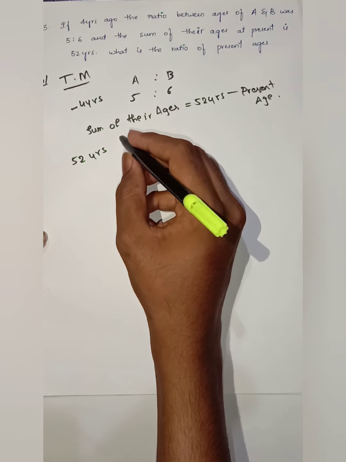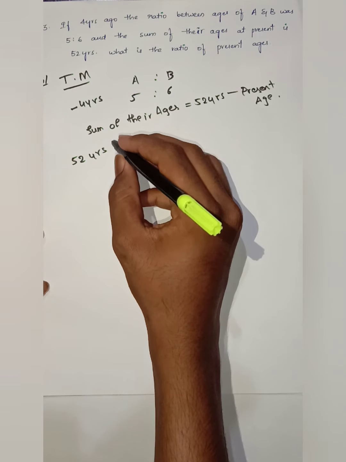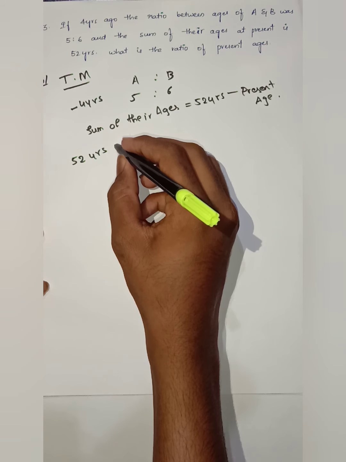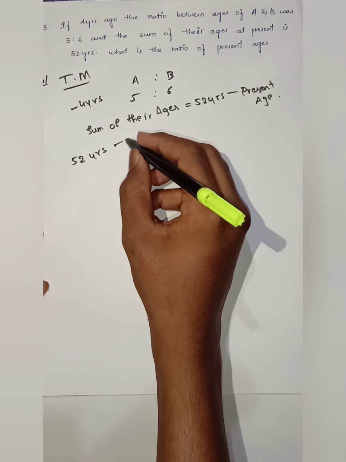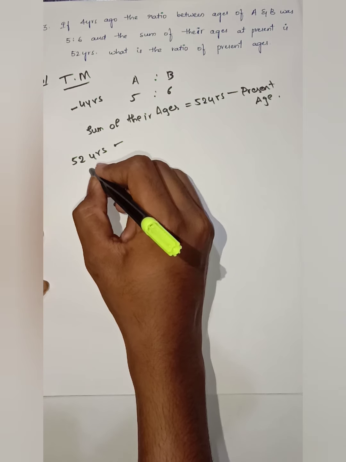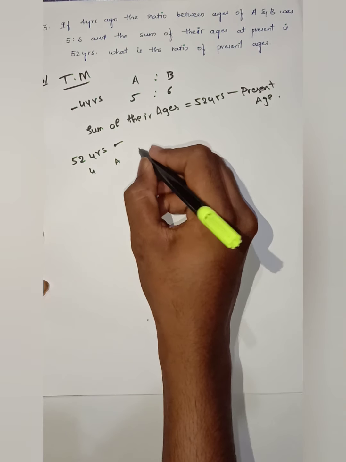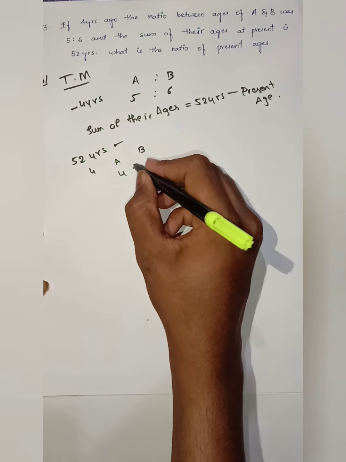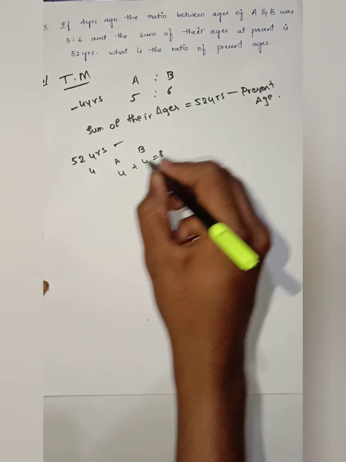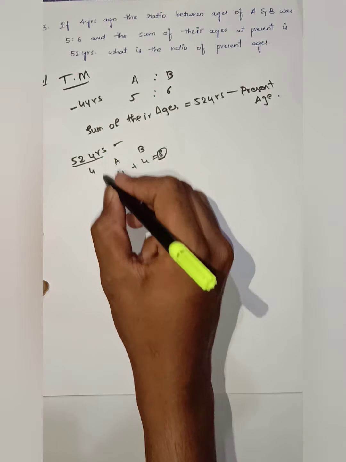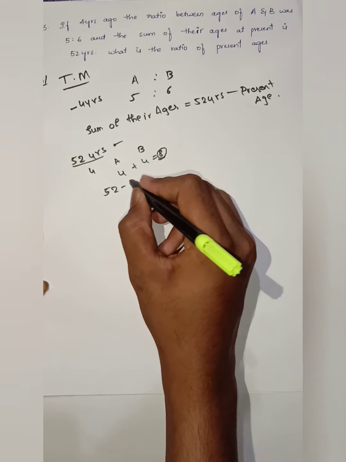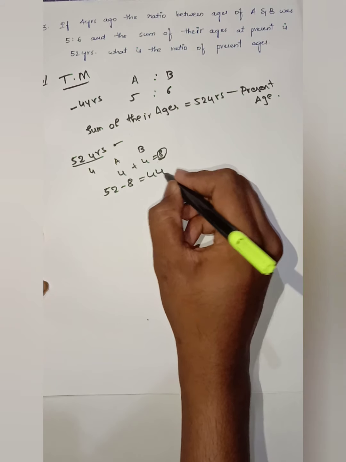In order to find the age before 4 years, subtract 4 from each of A and B. That means 4 plus 4 is equal to 8. So subtract this 8 from the present age. So 52 minus 8 is equal to 44.